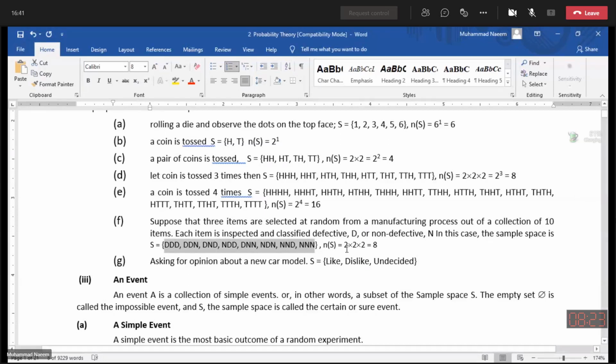Our first item may be defective or non-defective, two possible cases. The second one also has two possible cases, defective or non-defective. The third one also has two possible cases. Because necessarily we are drawing 3 items, we will multiply their respective cases: 2 multiply with 2, 2 multiply with 2. So 2 power 3 equal to 8 are the total possible cases in our sample space.